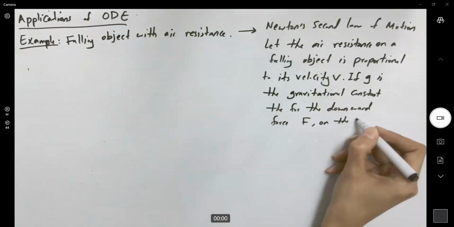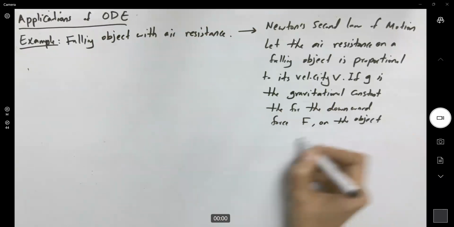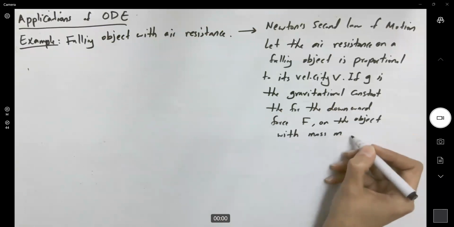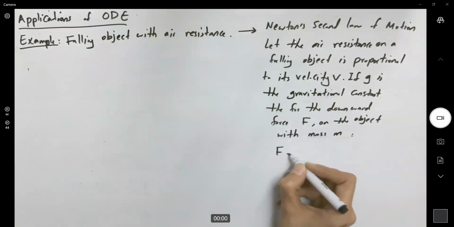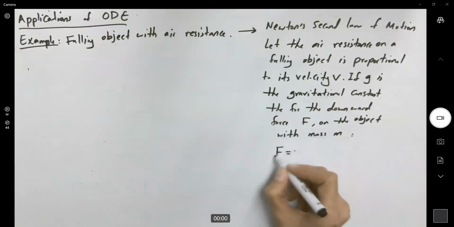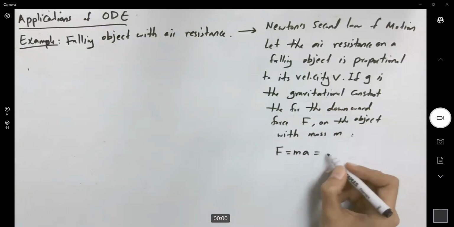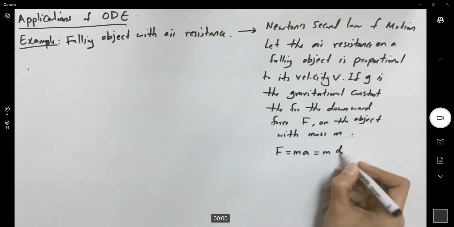on the object with mass m, we have the following. F is equal to m times a, acceleration, dv/dt.